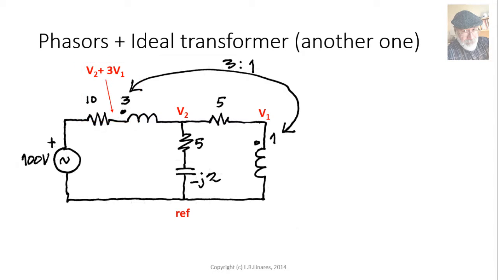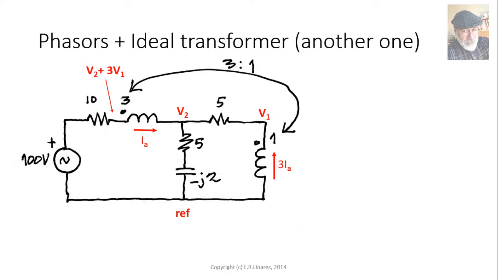So we have incorporated one of the equations of the ideal transformer, the voltage equation. V high is 3 times V low. Well, that's fine. But now we have to include the currents. This current is I sub A entering the dot of the winding, so this current is leaving the dot of the other winding, and it's 3 times that big, 3 times I sub A.